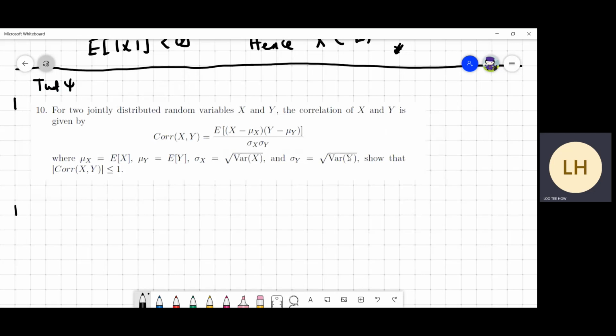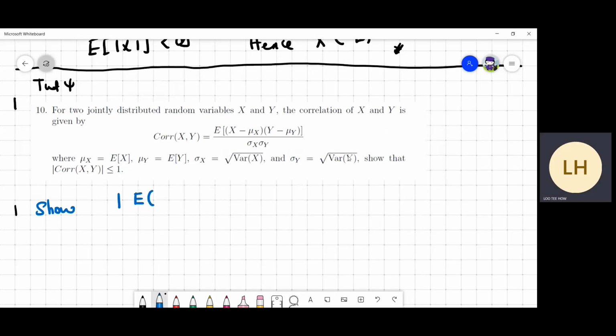I believe you should have seen this before, the so-called correlation of two random variables, x and y, which is defined as E of x minus mu x multiplied by y minus mu y, and so on. Here mu x is the mean for x, mu y is the mean for y. Likewise, sigma x is the standard deviation for x, and sigma y is the standard deviation for y. We want to show that the modulus of the correlation of x and y is always less than or equal to 1. In other words, we want to show this.